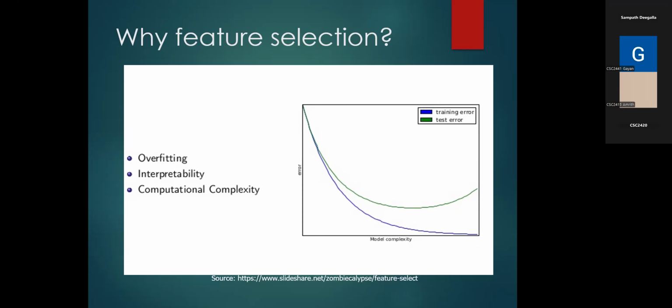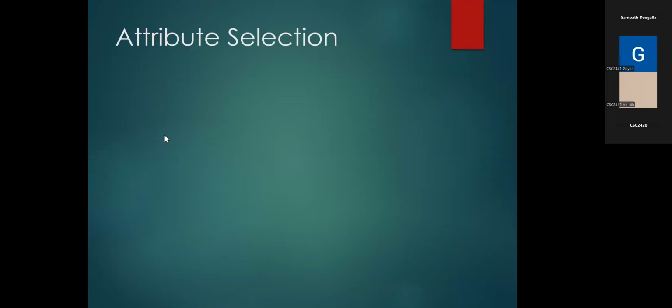At the same time, there is computational complexity. If you take an algorithm like nearest neighbor, where distance calculations happen and you have to consider the distance from one point to another, that also gets reduced by reducing the number of features. So there are many reasons why you need to use feature selection.